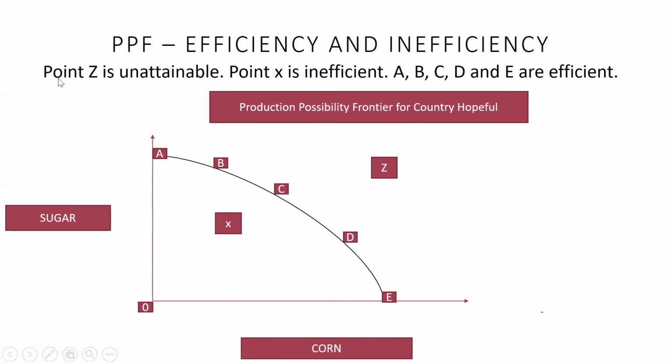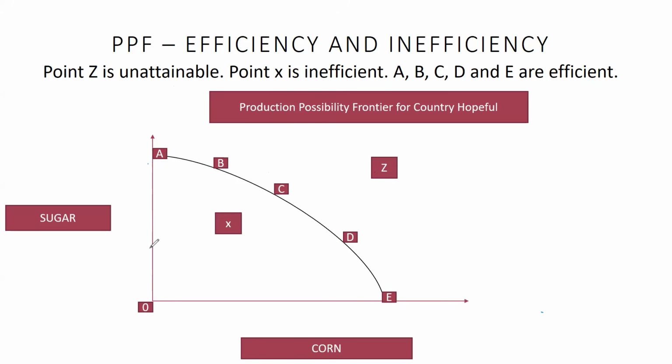For me to get point Z, to get this amount of sugar and this amount of corn is impossible, because the same way I didn't have enough money to buy the snacks, here I don't have enough resources to produce this many sugar and corn at the same time. So this point Z is what we will call unattainable. We don't have enough resources to produce it.